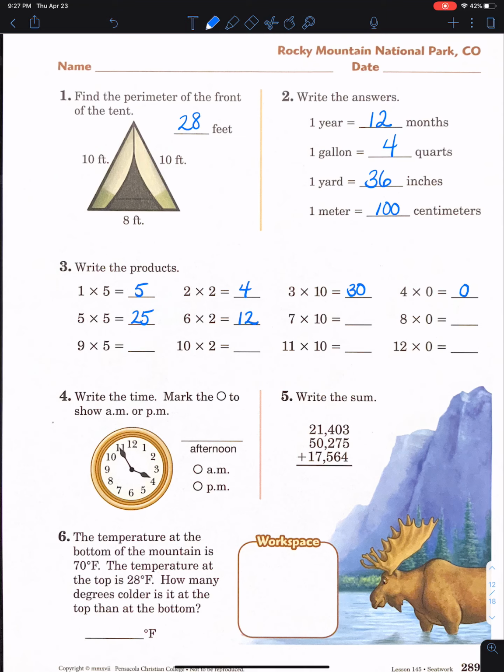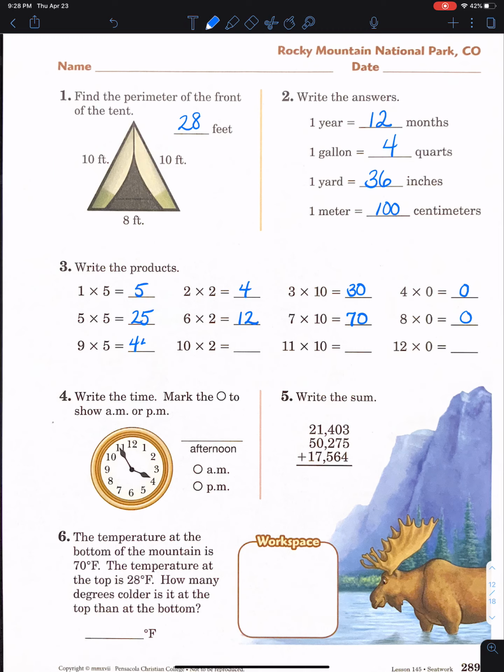How about 7 times 10? Good job, 70. 8 times 0? 0. How about 9 times 5? It's the same thing as saying 9 groups of 5.